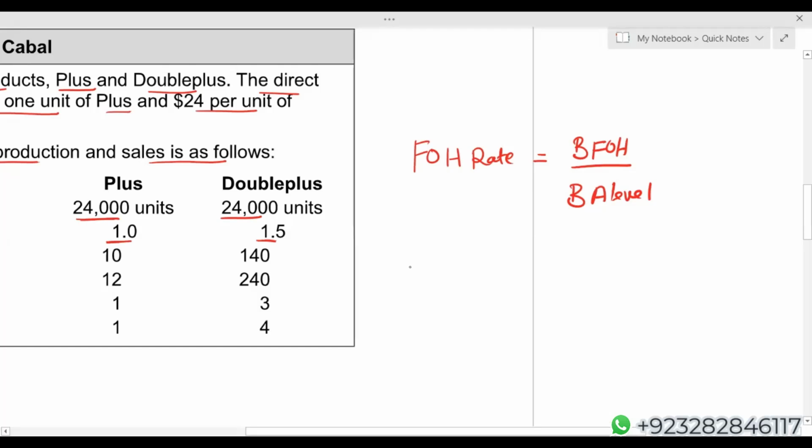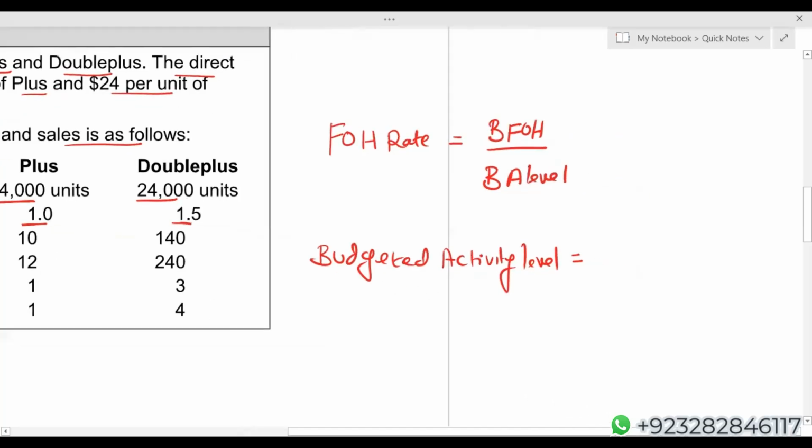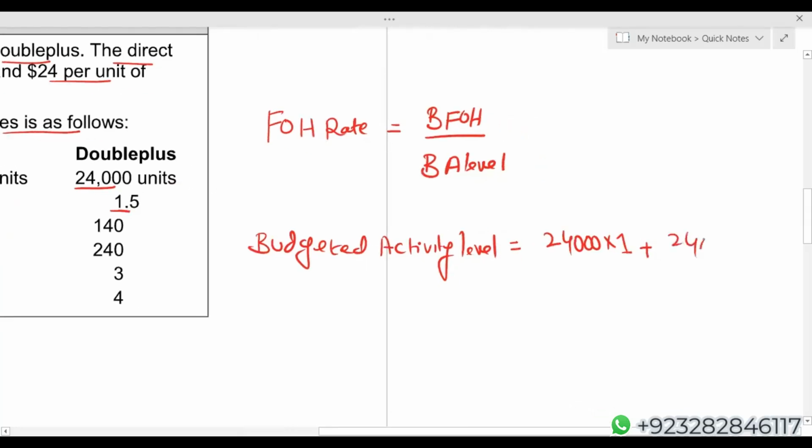So let's first calculate the total labor hours. Budgeted activity level is equal to 24,000 units of plus, where 1 unit needs 1 hour, plus double plus, which has 24,000 units, but 1 unit takes 1.5 hours.